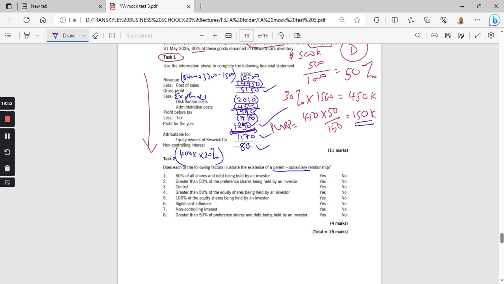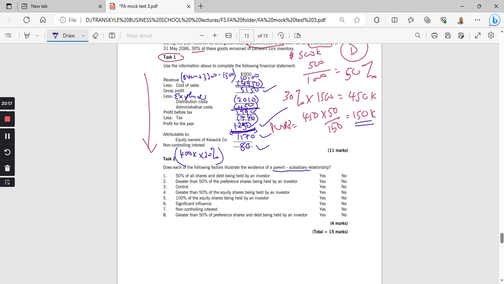You need to stand on the theory of consolidation. So if one holds 50%, okay, there were preference shares, there were ordinary shares, there were a lot of shares involved in the capital structure of this company.